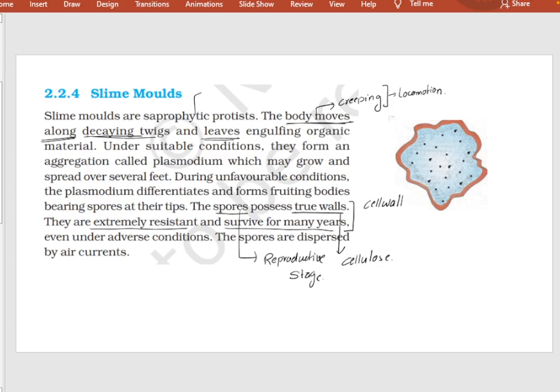Saprophytes means this is nutrition only. Saprophytic protista means nutrition only. So which nutrition? Heterotrophs only. Nutrition is heterotrophic, saprophytic, saprobic or phagotrophic, anything is the same. So dead and decaying matter they will eat.